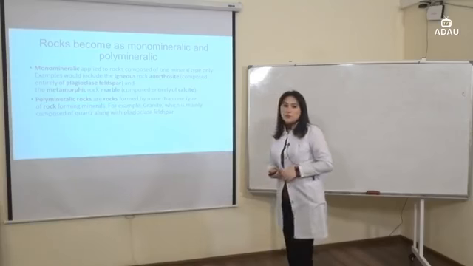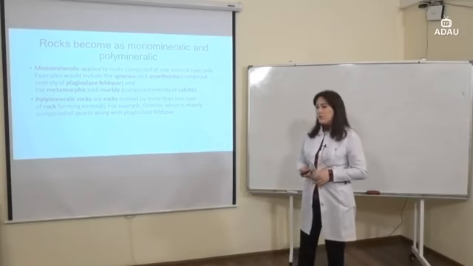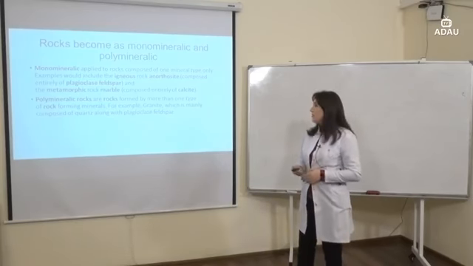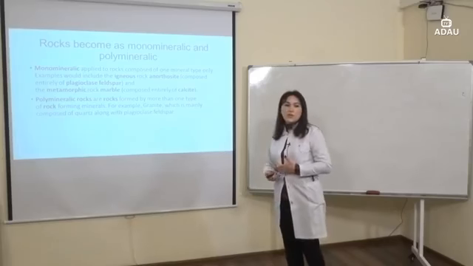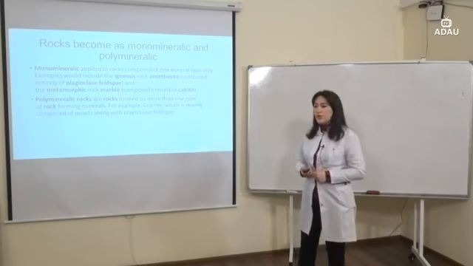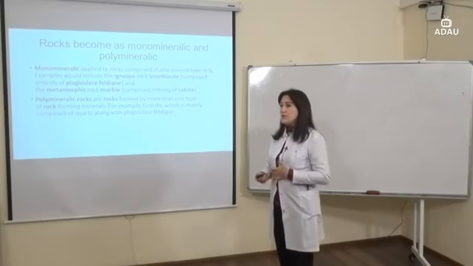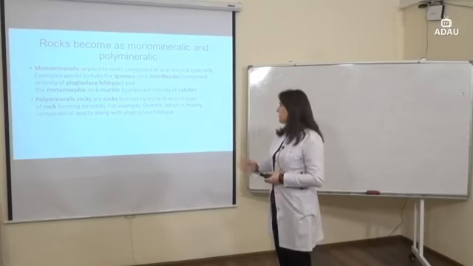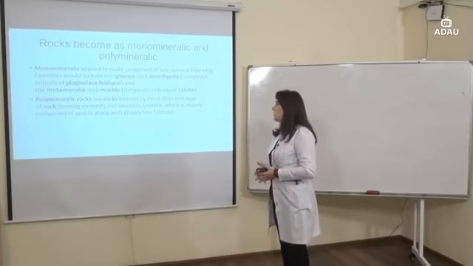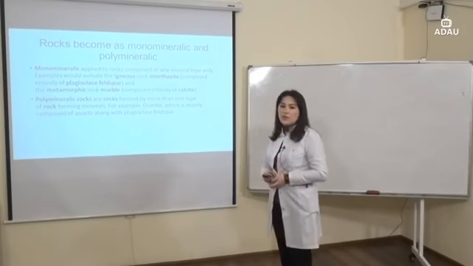There are two types of rocks, monomineralic rock and polymineralic rock. From the name monomineralic rock, we understand that mono means one. A monomineralic rock is composed of just one mineral.